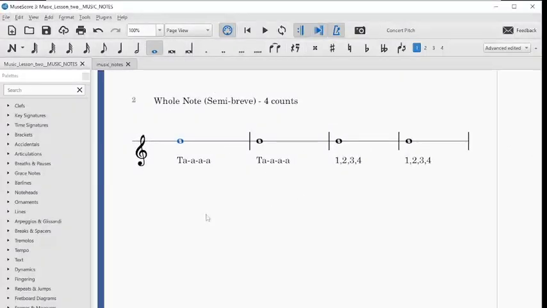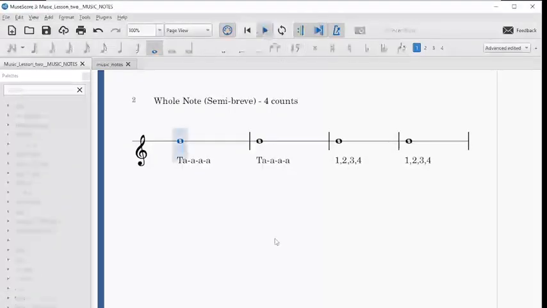Next, we can try singing some of these notes. The whole note, the way we have said, has 4 counts. So this would be ta, 1, 2, 3, 4.